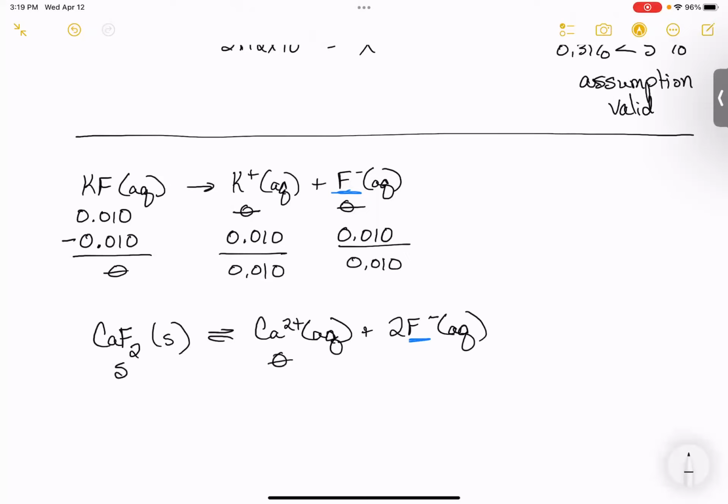You don't start out with any calcium this time, but you're going to start out with 0.010 of the fluoride. You're going to lose X amount of calcium fluoride. For every calcium fluoride you lose, you're going to make 1 calcium, and you're going to make 2 fluorides. At the end, you're still going to have solid calcium fluoride, but you're going to have X amount of calcium. You're going to have 0.010 plus 2X amount of fluoride.